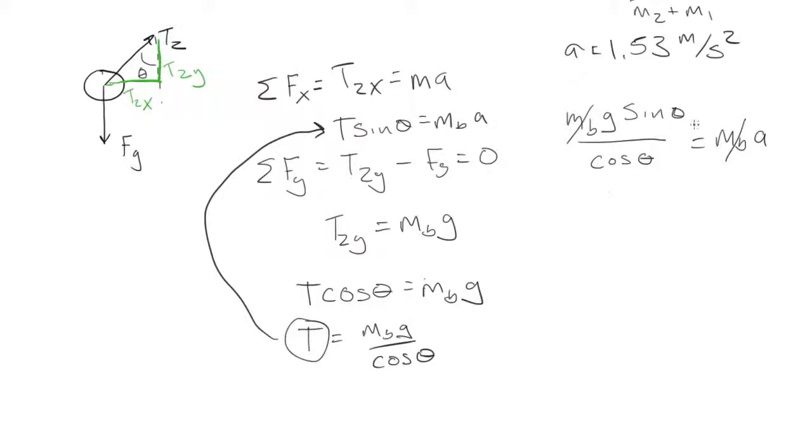And now I'm just left with my single unknown, theta. Sine of theta divided by cosine of theta is just tangent of theta. If I move gravity to the other side, tangent of theta is equal to the acceleration divided by gravity.